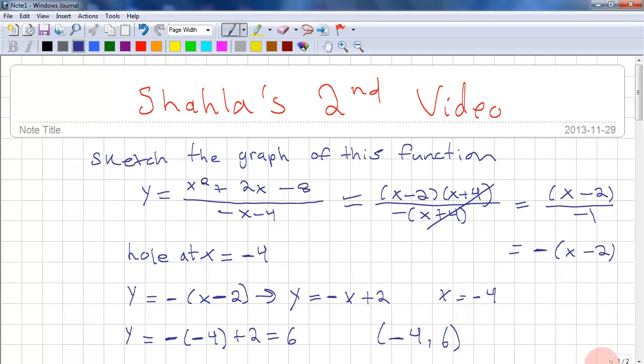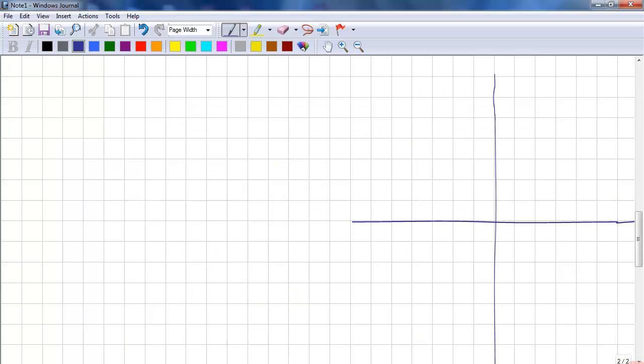Okay, and then I will also calculate the x and y intercepts. So the x-intercept, which is y equals 0, we put that equation that we solved for earlier into the graph.